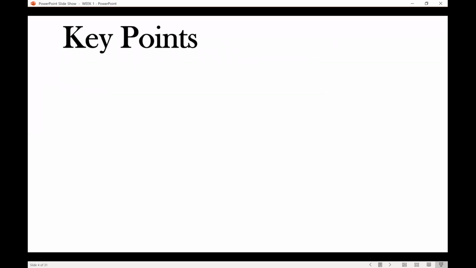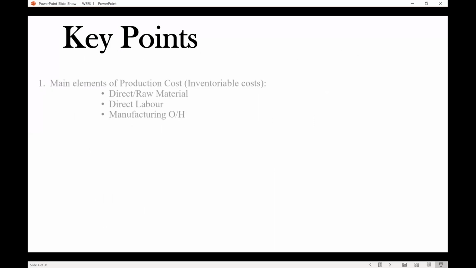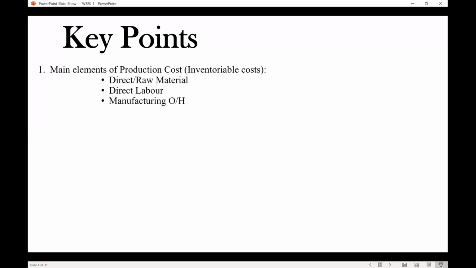So some key points that I want to look at, some key calculations, some formulas before we go into today's question. The main elements of production costs, another name, as I said prior, for production costs being inventorable costs, include raw material, direct labor, and manufacturing overheads.